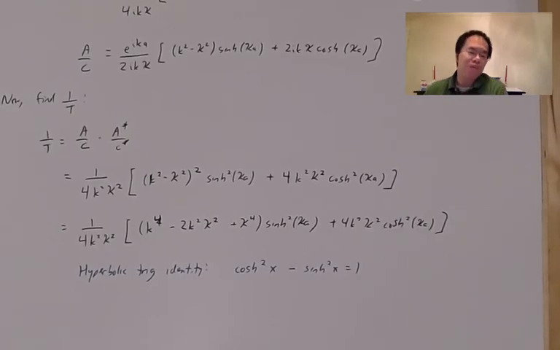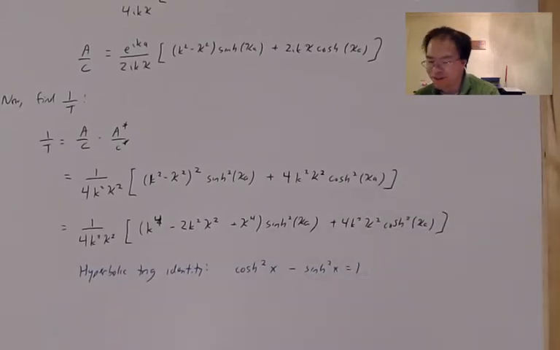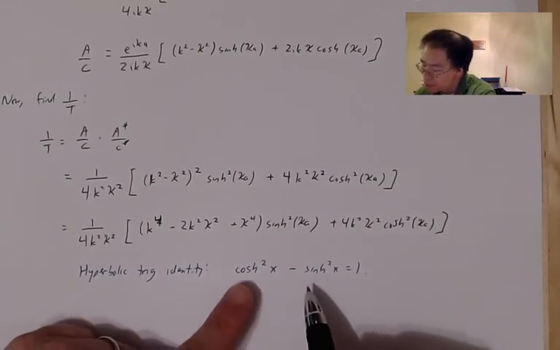You can prove this if you want by plugging in the definitions in terms of exponential functions, but let's just take this on faith. You can look it up, prove it for yourself, or check a math handbook if you wish.